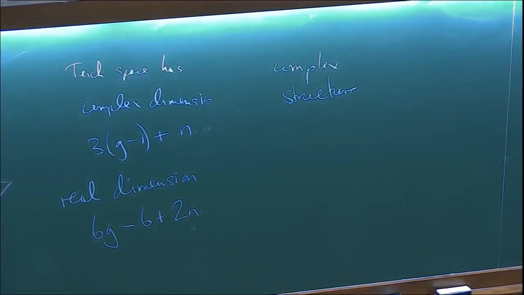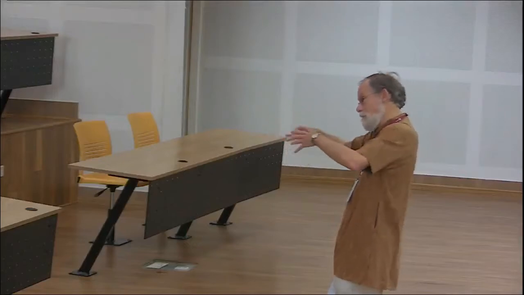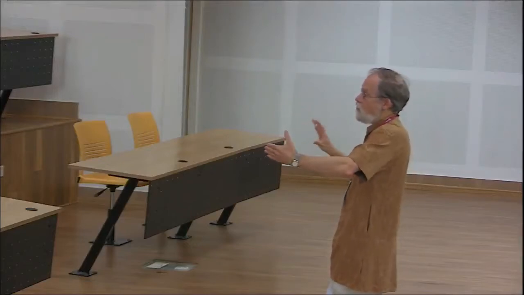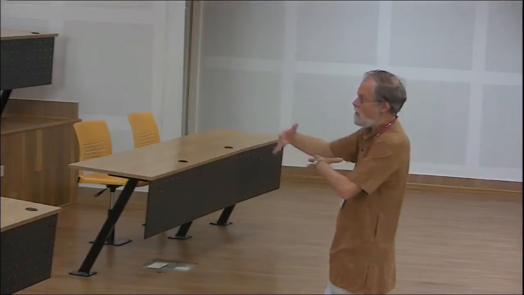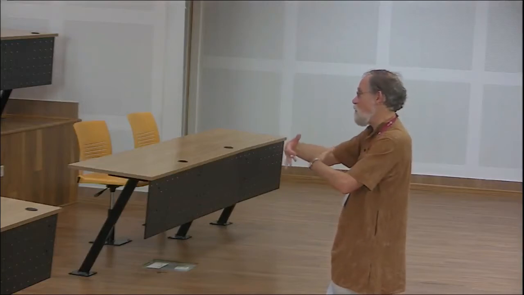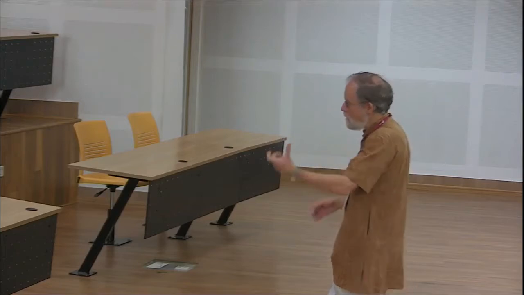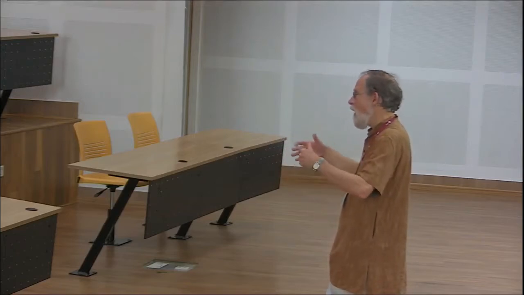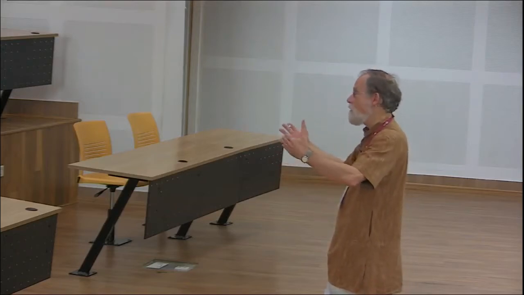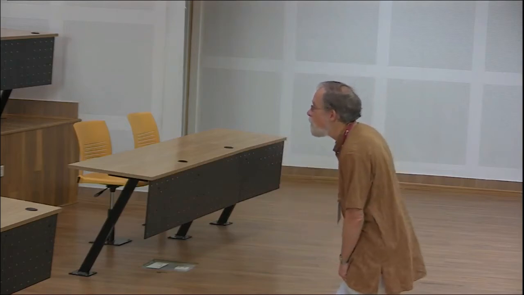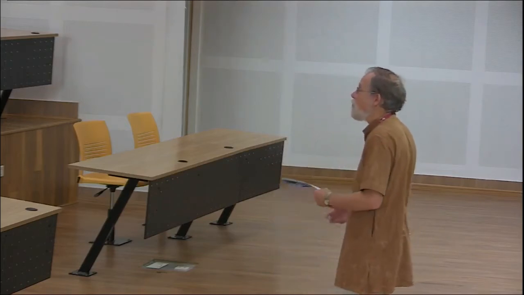The idea is if you have some way of varying your complex structure, you can then take that way of varying it and just rotate it at each point, rotate what you're doing by 90 degrees. And that's the effect of multiplication by i on the tangent vector. So that's roughly where the complex structure comes from. So there is a complex structure.